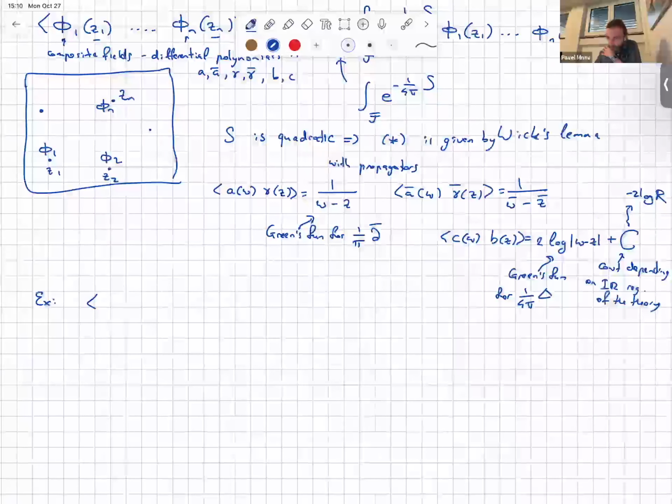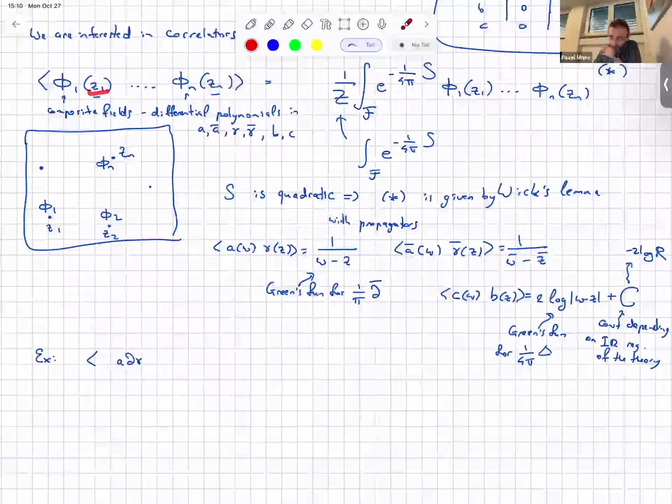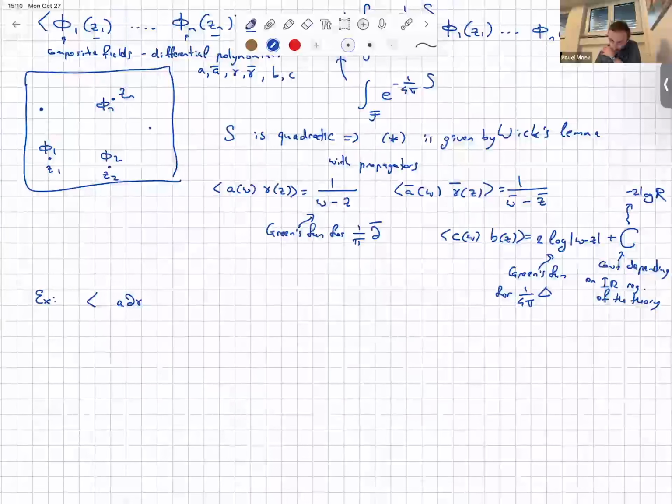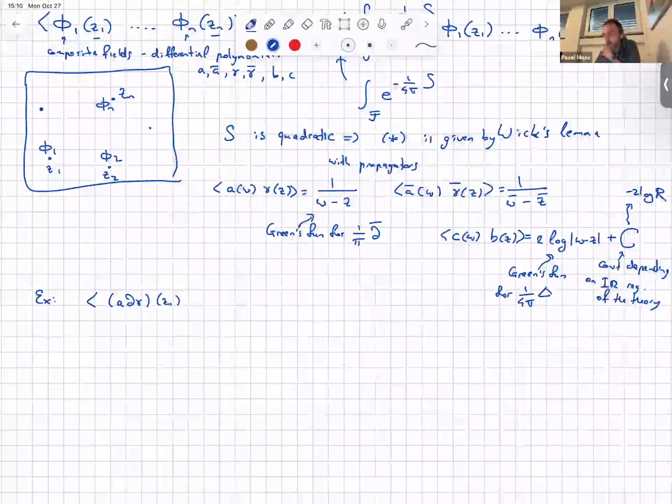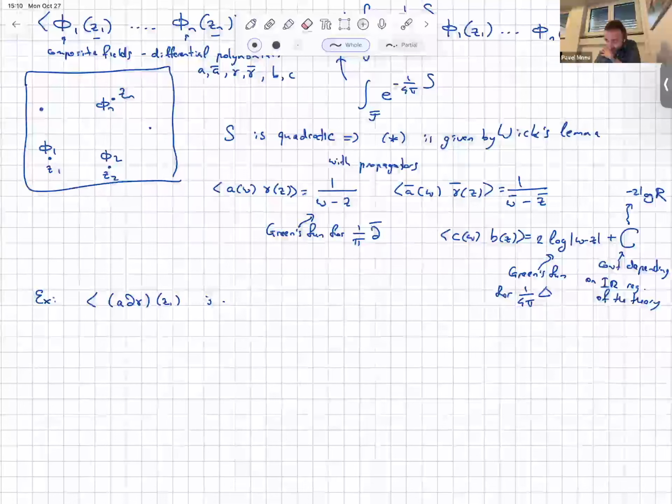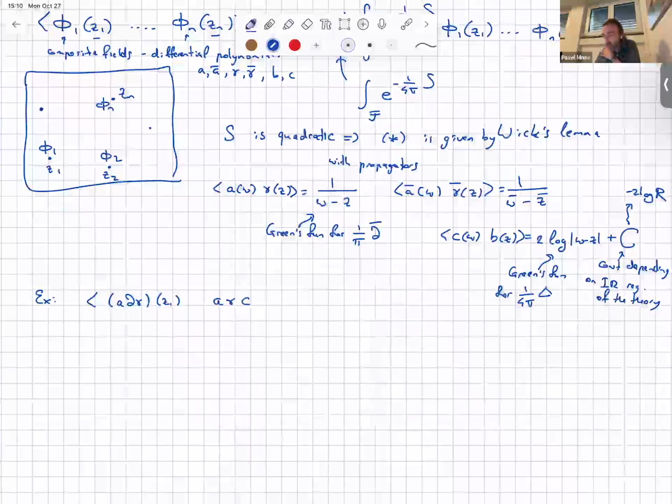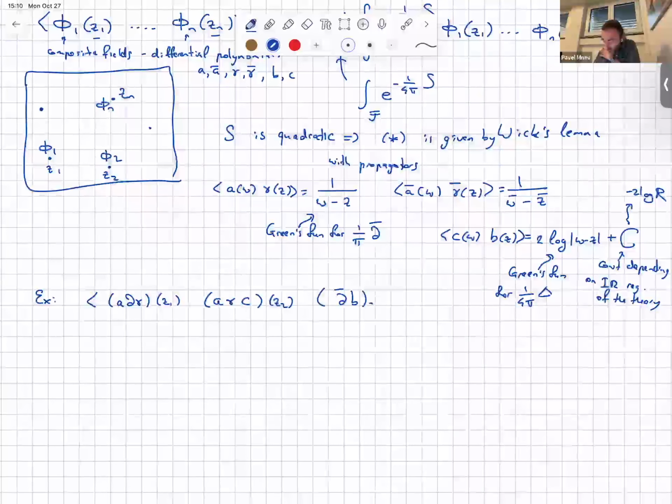Let me take the field A del gamma at the point Z1, A gamma C at the point Z2, and del bar B at the point Z3. So let's say I want to calculate such a correlator.